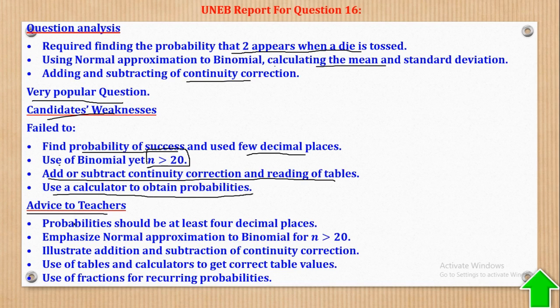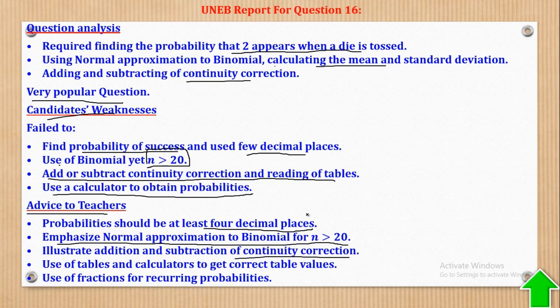Then advice to teachers: 1, probabilities should be at least 4 decimal places. So when you use tables, that will be 4 decimal places, and when you use a calculator, that has to be 5 decimal places. Then emphasize normal approximation to binomial for n greater than 20. Then illustrate addition and subtraction of continuity correction.